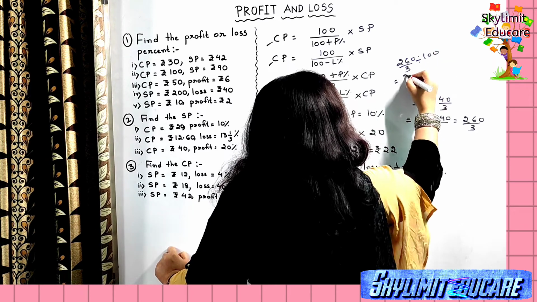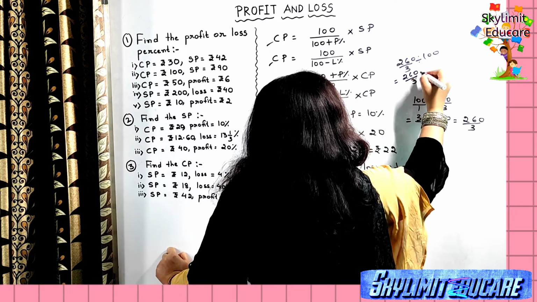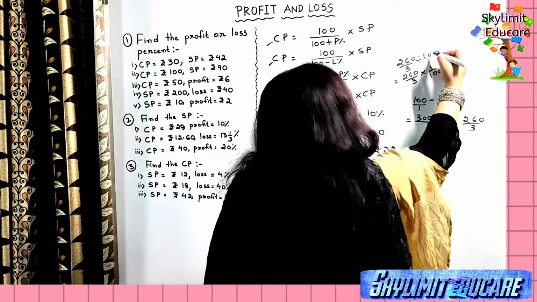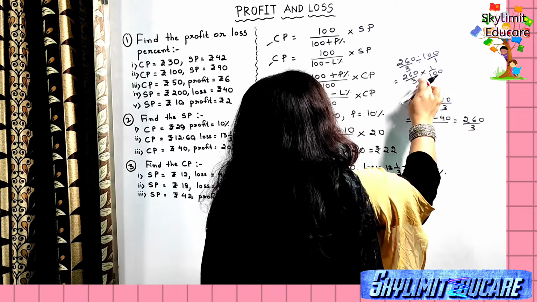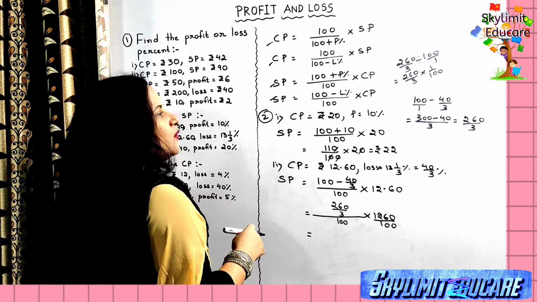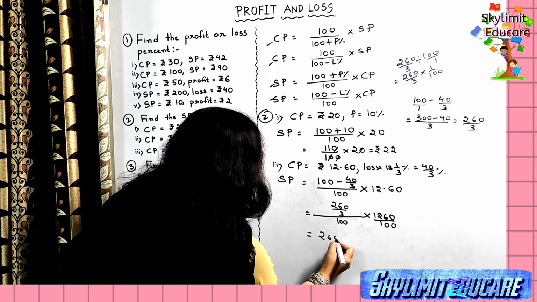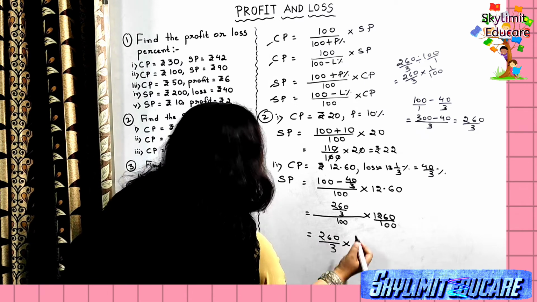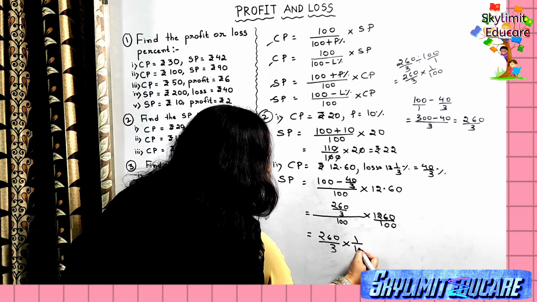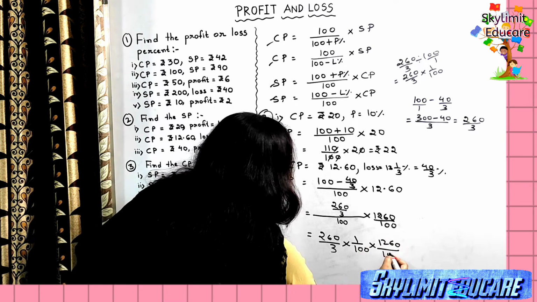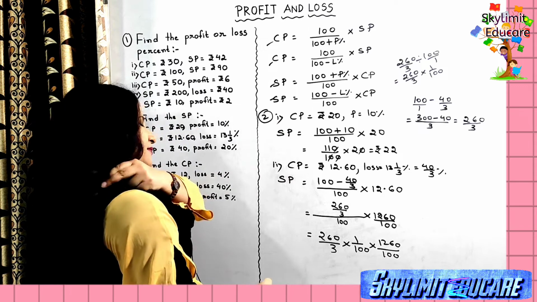When you change the division to multiplication, the reciprocal of 100 by 1 is 1 by 100. So now we can easily write it down: 260 by 3 multiplied to 1 by 100 multiplied to 1260 by 100. In that manner it becomes very easy.